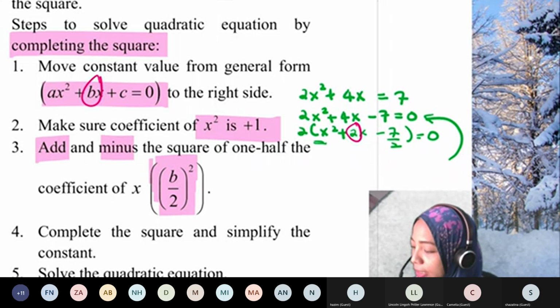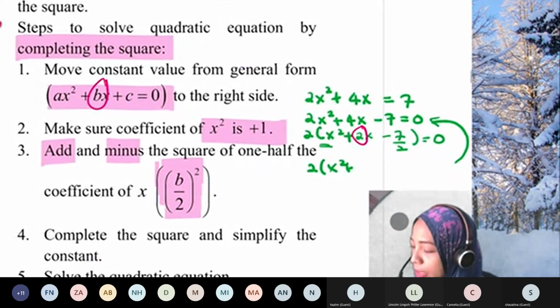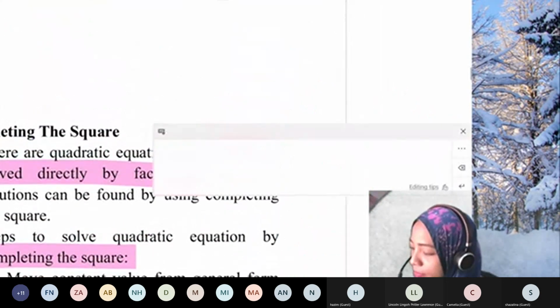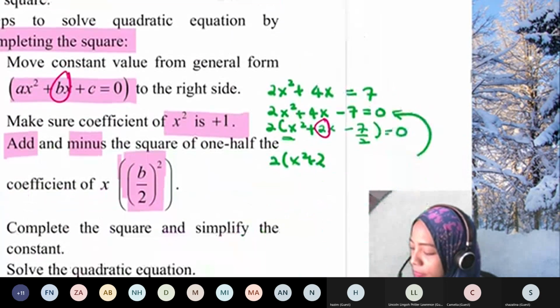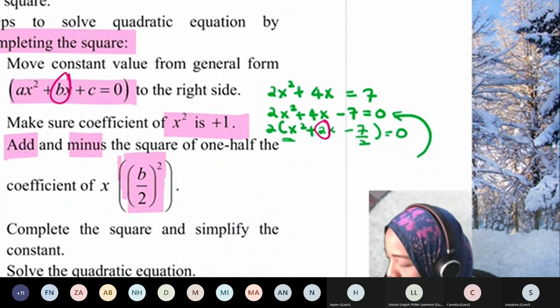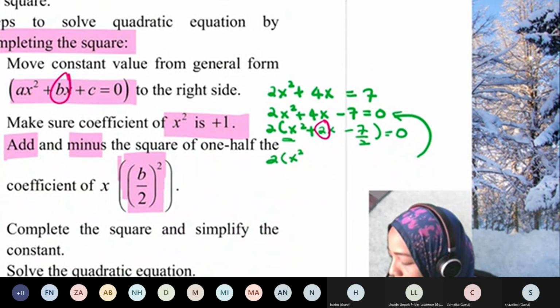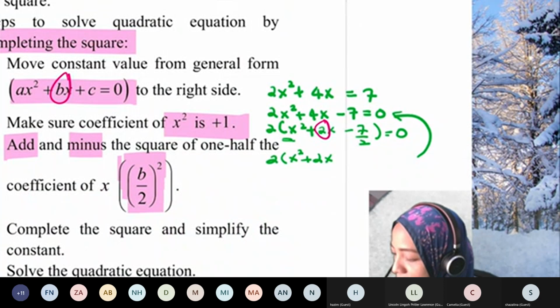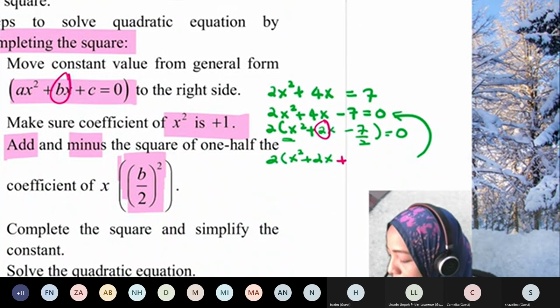So later on, function yang tadi, saya tulis balik. 2x square plus 2x. You kena create plus b over 2 square minus b over 2 square.